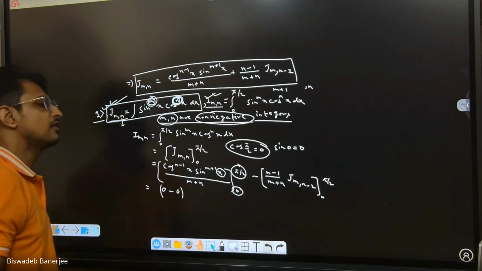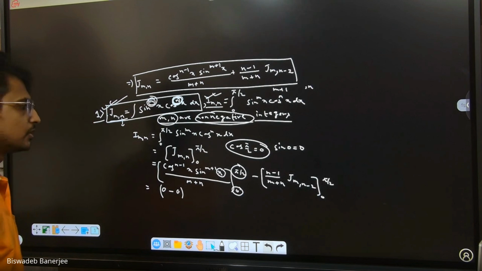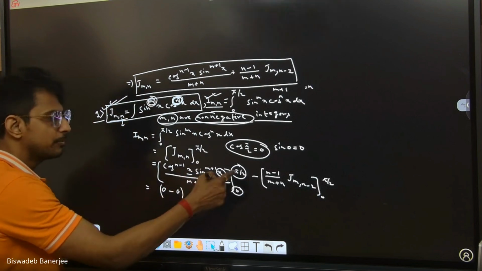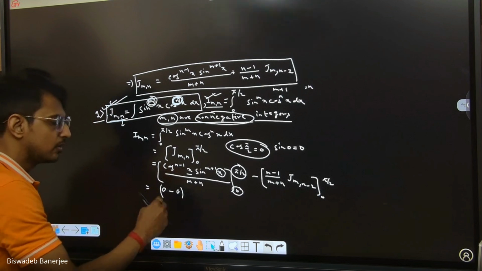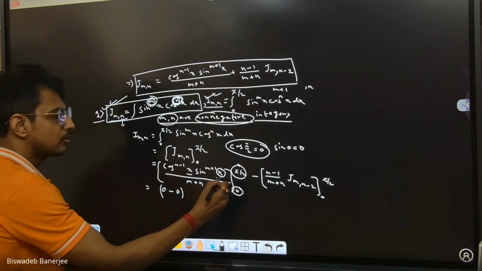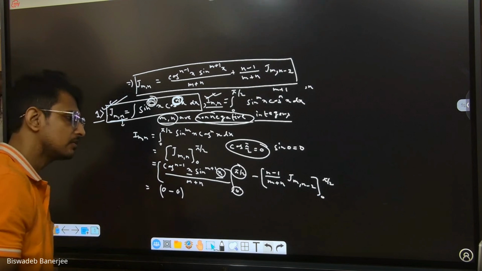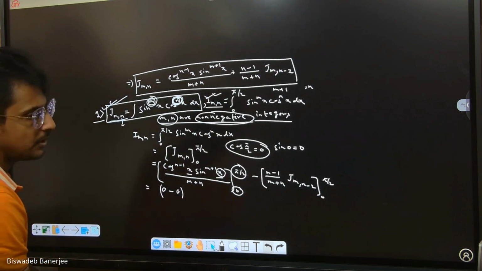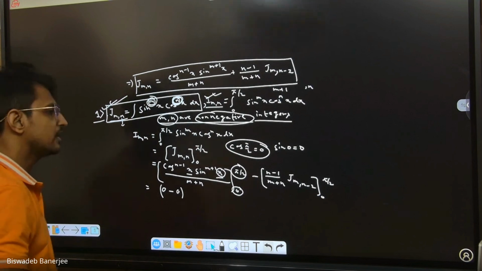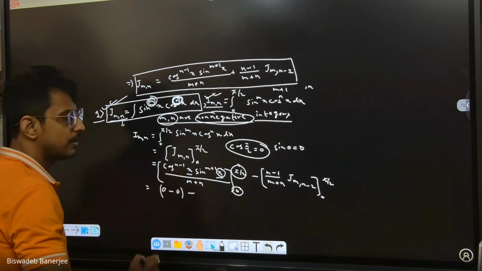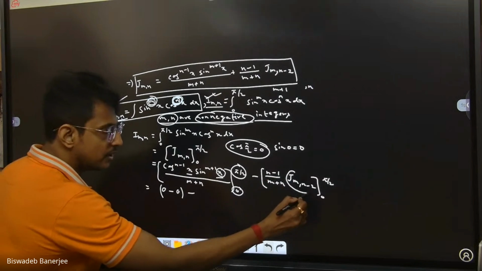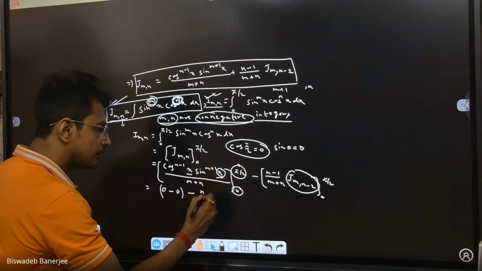That means my entire first portion becomes 0, because if we put x equal to pi by 2, cos pi by 2 is 0, and if we put x equal to 0, sine 0 is 0. Okay, 0 minus 0 gives you 0. And for the last part, put the limit over this because it is my constant term.